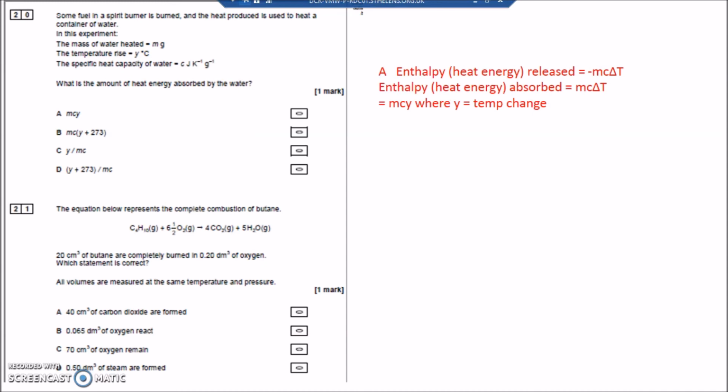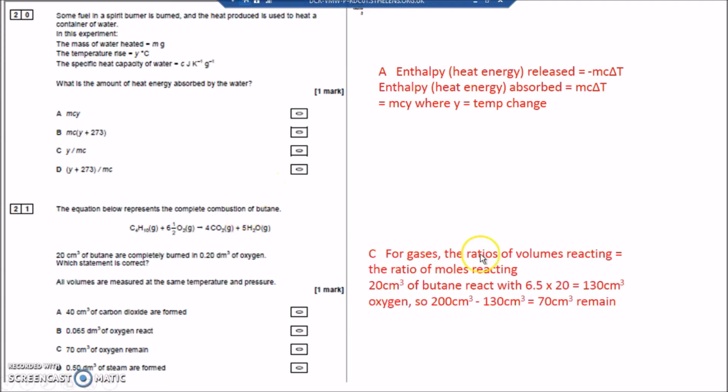The equation below represents the complete combustion of butane. 20 centimetre cubed of butane are burned in 0.2 decimetre cubed of oxygen, in other words 200 centimetre cubed. Which statement is correct? All volumes are measured at the same temperature and pressure. Let's work it out then. For gases, the ratios of volumes reacting are the ratios of moles reacting, because whatever gas you've got, 24 decimetre cubed is 1 mole.